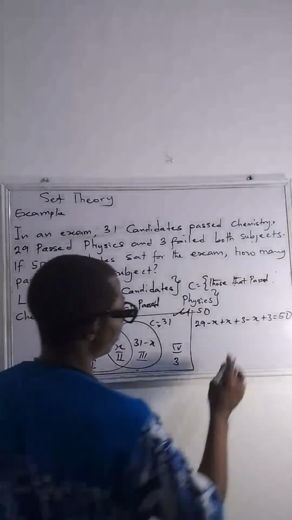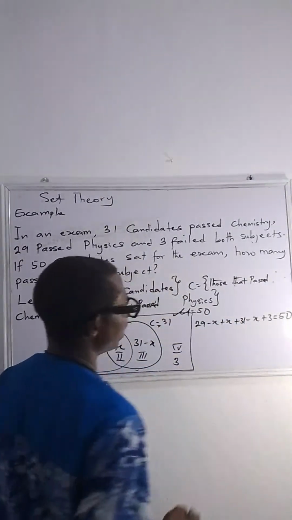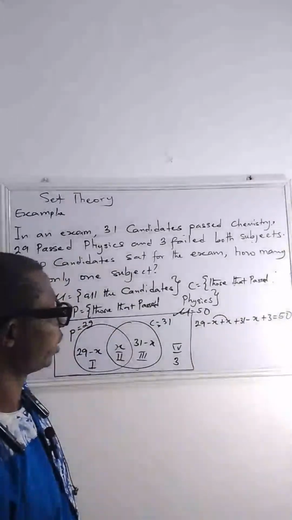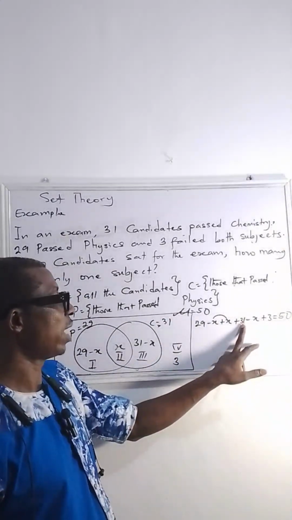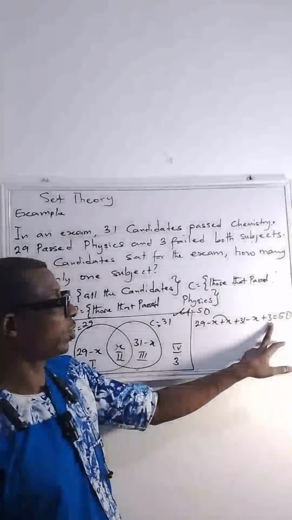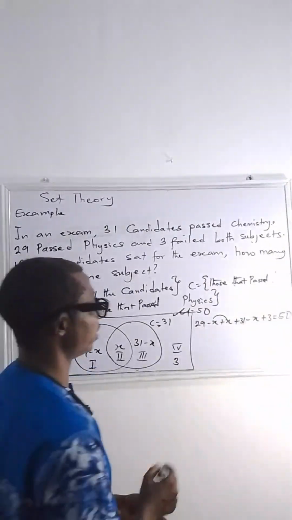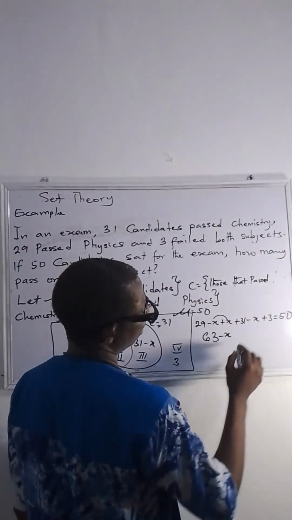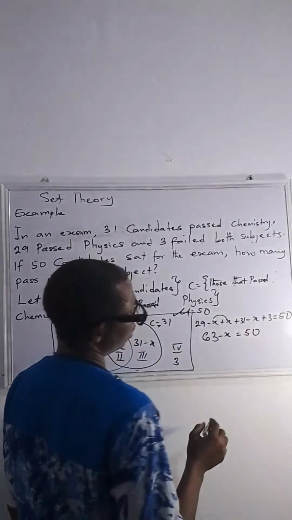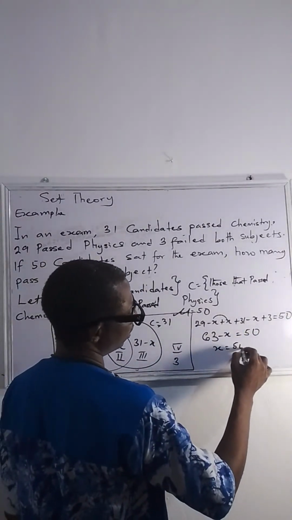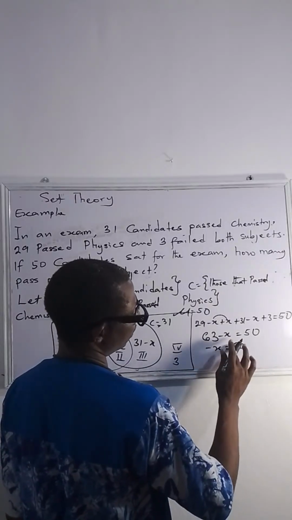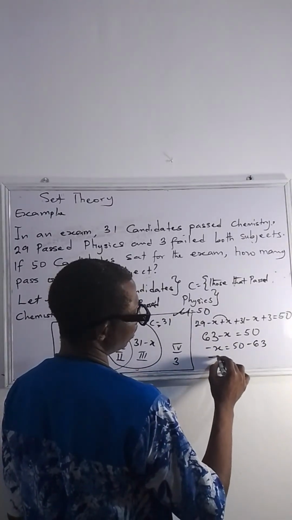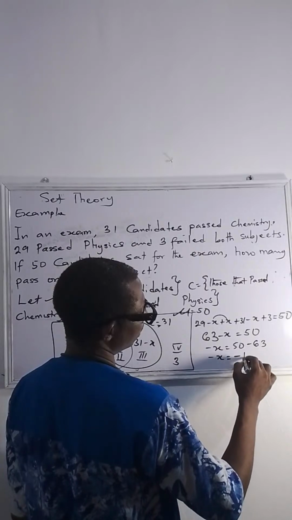So now let's join this and this. The x terms will give you 0 in the sum of 29 and 31. Let's add 29 and 31 together. We have 60. 60 plus 3 gives you 63. So we have 63 minus x equals 50. So minus x equals 50 minus 63, which means minus x equals minus 13.